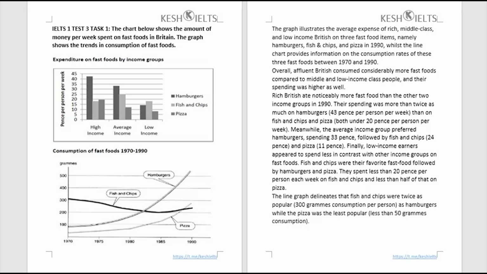So the consumption of hamburgers and pizza increased. Well, I'm trying to paraphrase words and try to use a variety of vocabulary. However, in some cases, I'm repeating some words. Obviously, it may affect your grade, but not that much, I believe, because we have no other words.